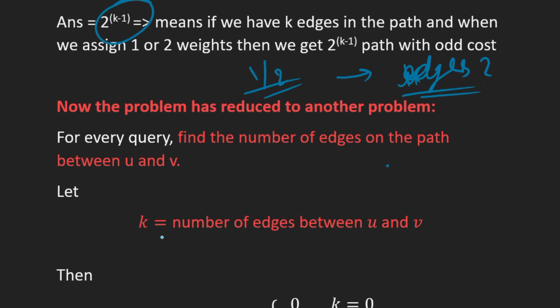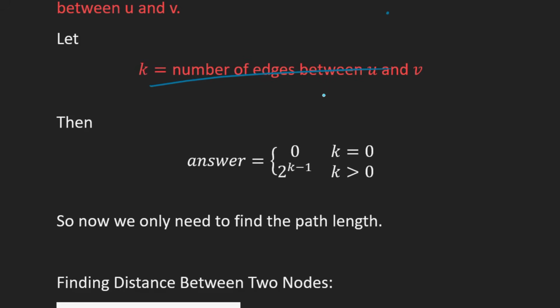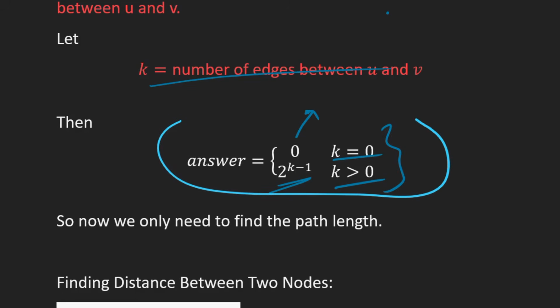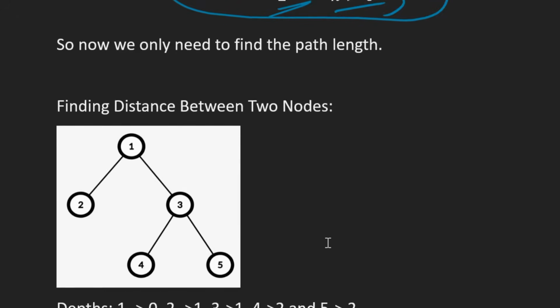So let's say k is the number of edges between u and v, then our answer is 0 if k is equal to 0, or our answer is 2^(k-1) if k is greater than 0, right? So now we need to find the number of edges between two nodes u and v. That's our goal, or we can say we need to find the path length, right?